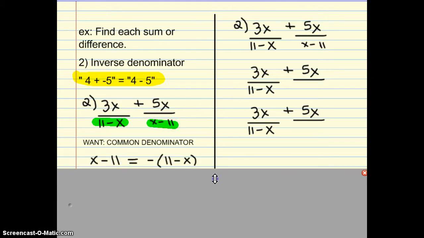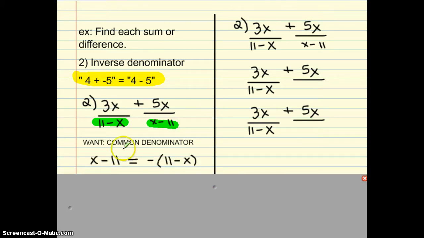What we can do is we can use this fact. X minus 11 we can actually rewrite as negative, 11 minus x in parentheses. And here's the proof.